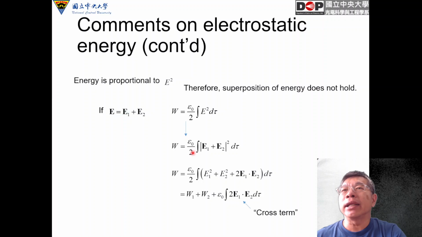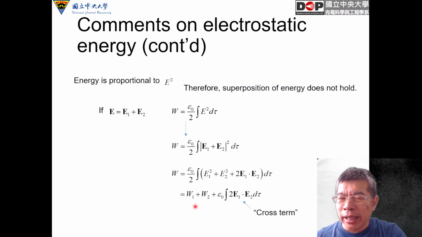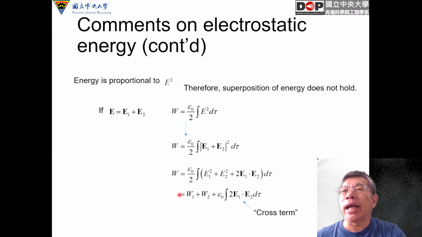When we rewrite the total electric field into the components E1 and E2 and take the square, you have the original E1 and E2 terms, which can be written as W1 and W2, but there's an additional cross term, which is the product of E1 and E2. So we cannot just use superposition as we did before for the electric field. We need to be very careful. Electric field and potential can be superposed, but energy cannot in this case. Okay.